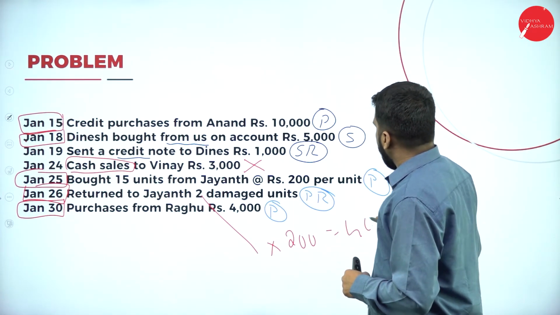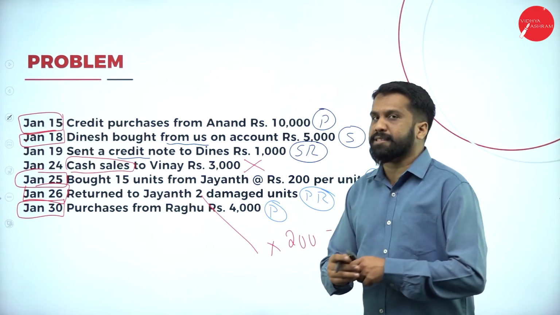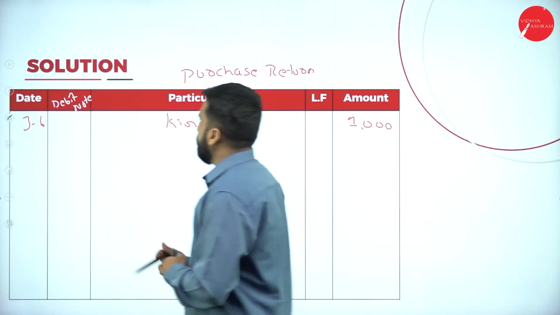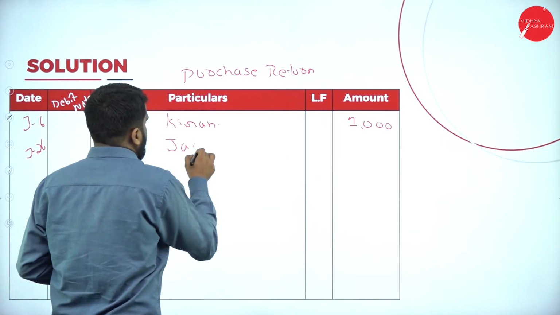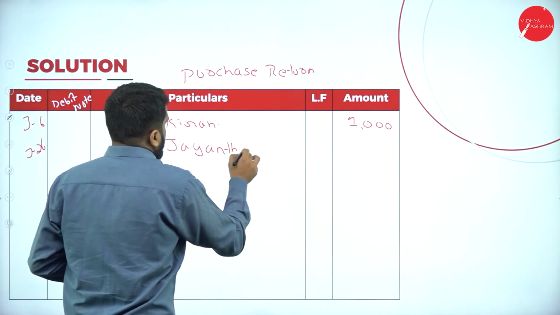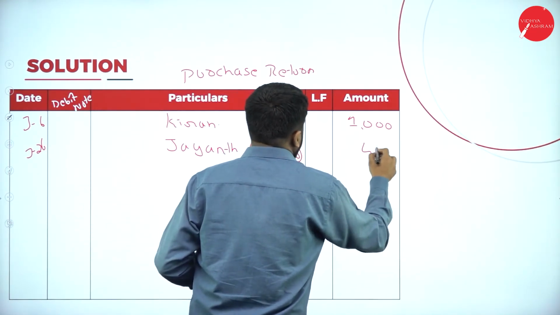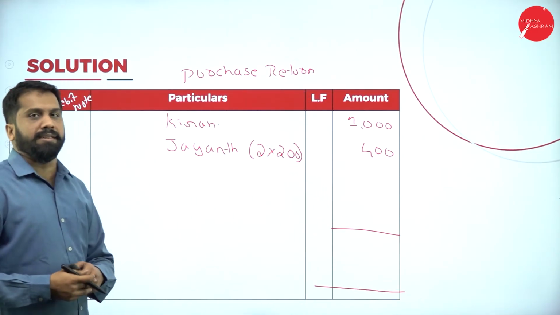This is 400. When it is? It is on Jan 26, Giant. Jan 26th, Giant. 2 multiplied with 200, it is 400. Now, your purchase return is done.